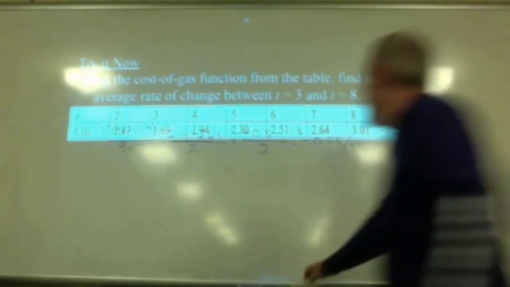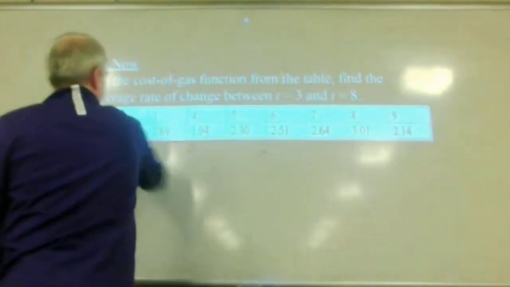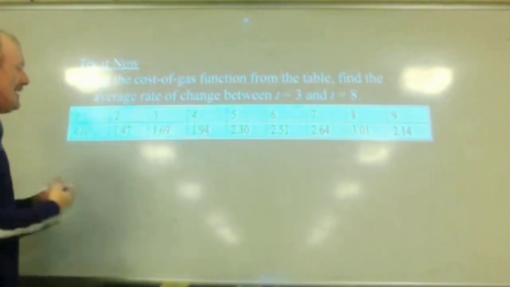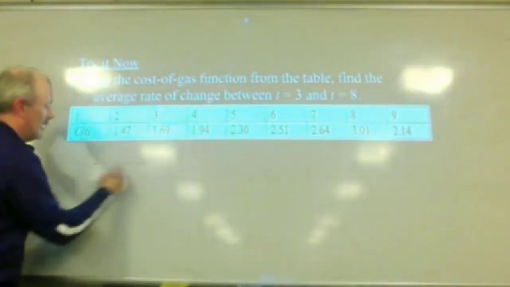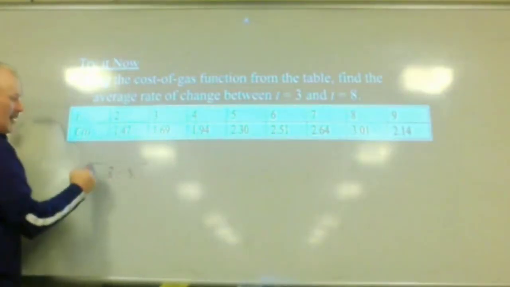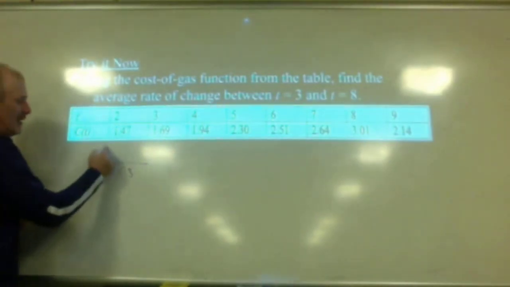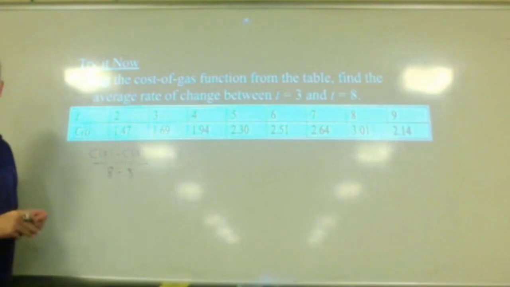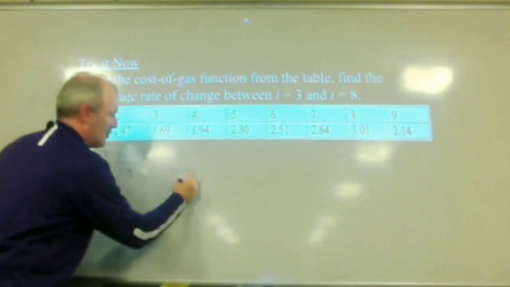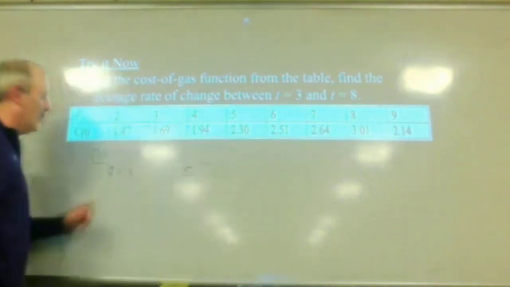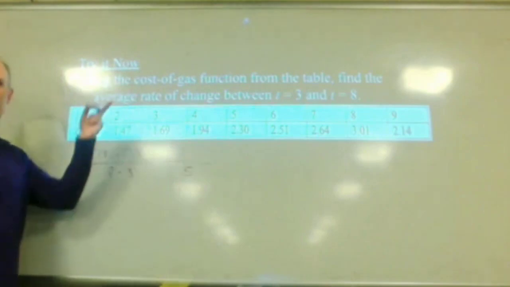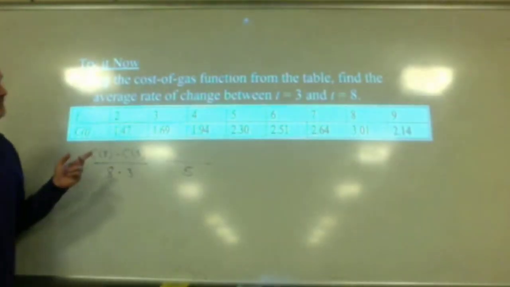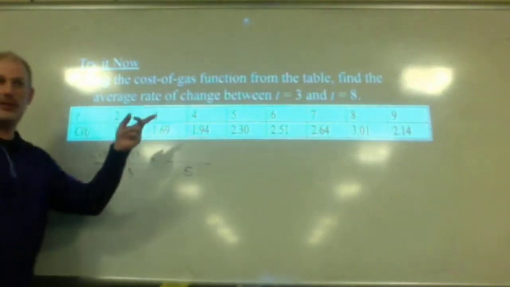All right, next one. Same type of problem, but this time it's between 3 and 8. So on the bottom, I would put 8 minus 3. On the top, C of 8 minus C of 3. So the bottom is pretty easy, that's 5. What is C of 8 according to our table? 301.